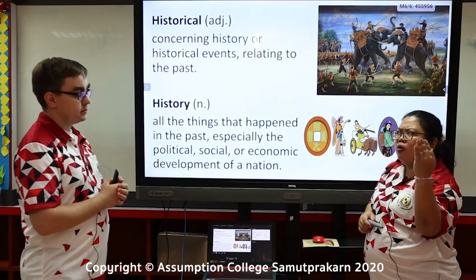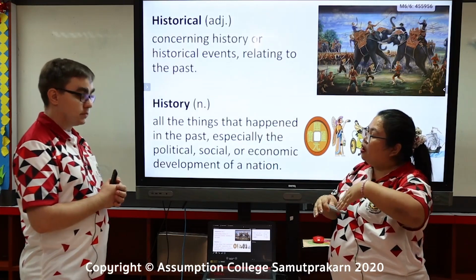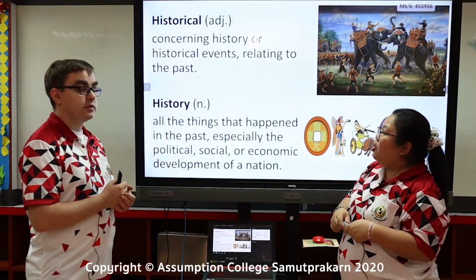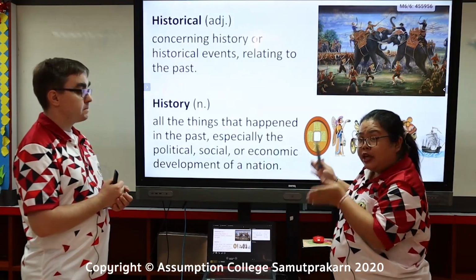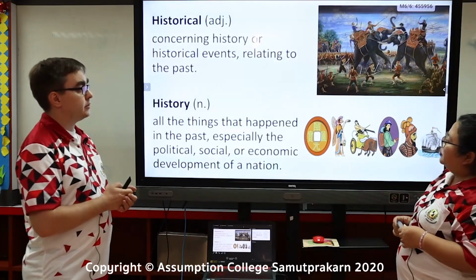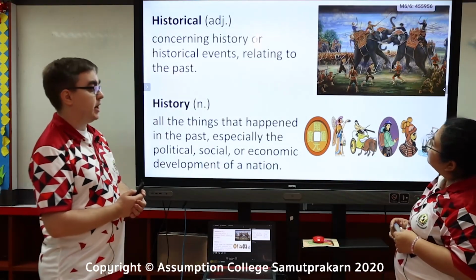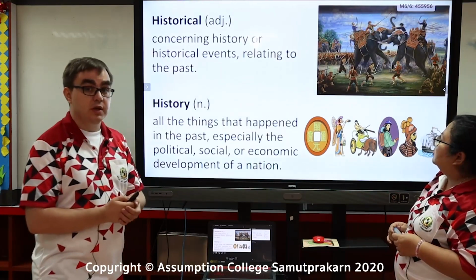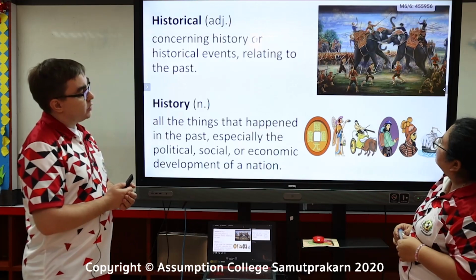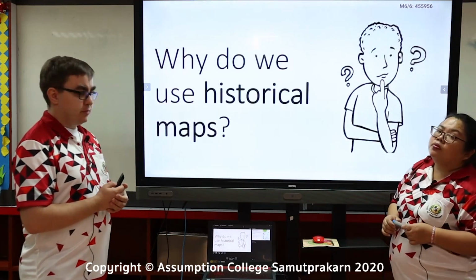It means ancient places, ancient cities in the past. So basically, history is about the past and what happened in the past, especially about countries, famous people, or very well-known events.